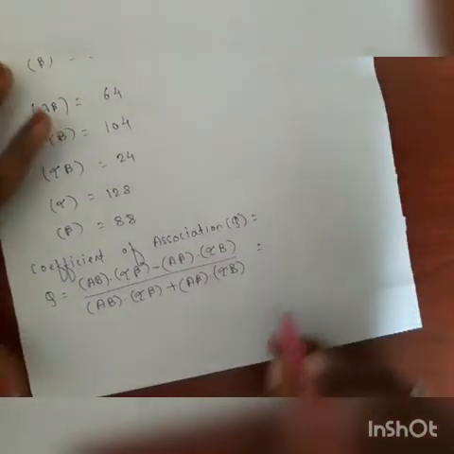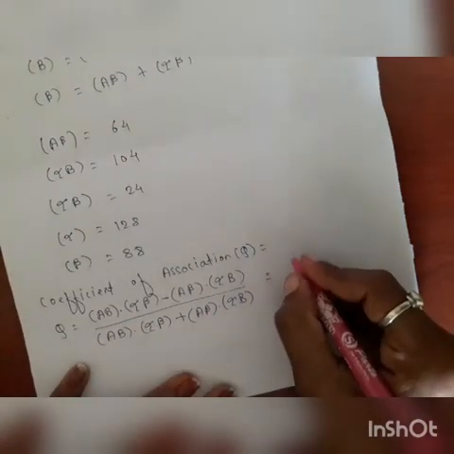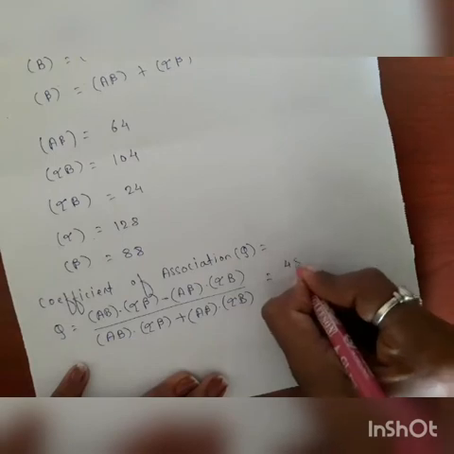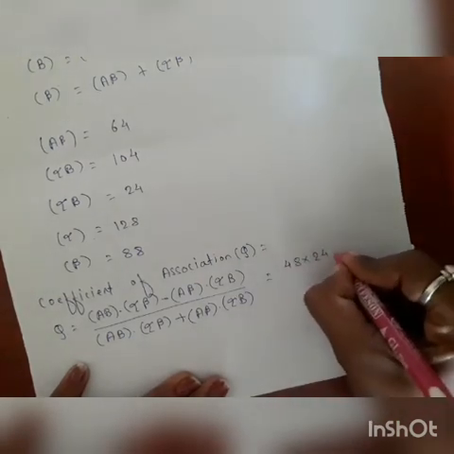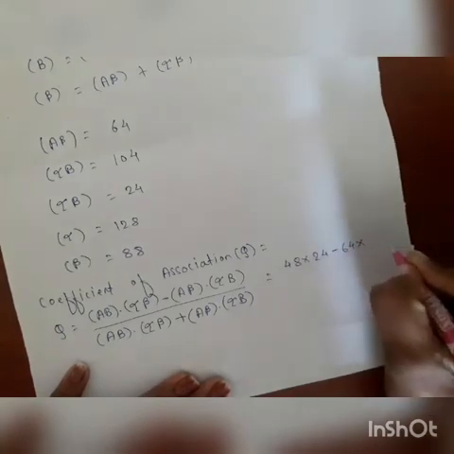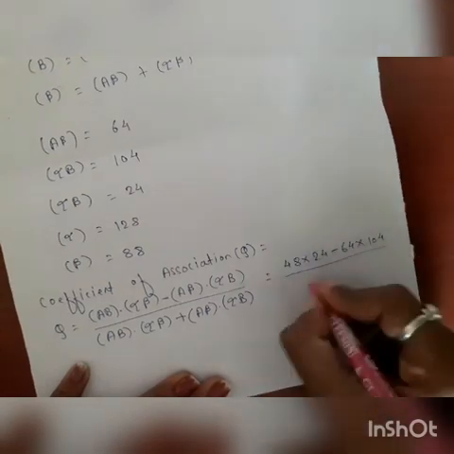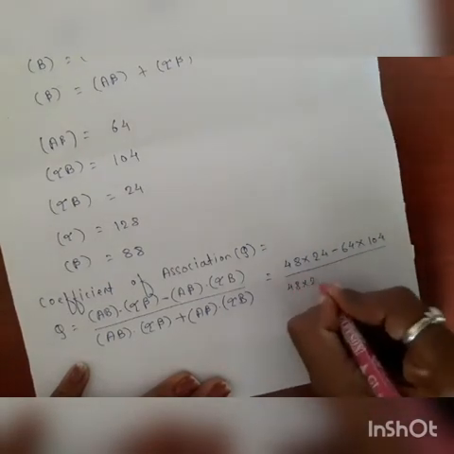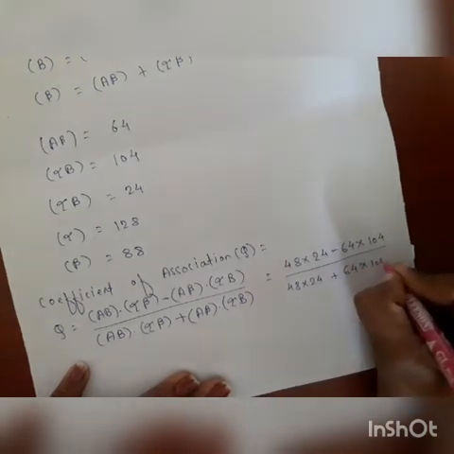Then take the values: (AB) is 48, (αβ) is 24, (Aβ) is 64, and (αB) is 104. So Q = (48 × 24 − 64 × 104) / (48 × 24 + 64 × 104).